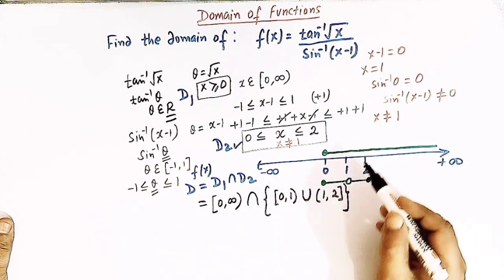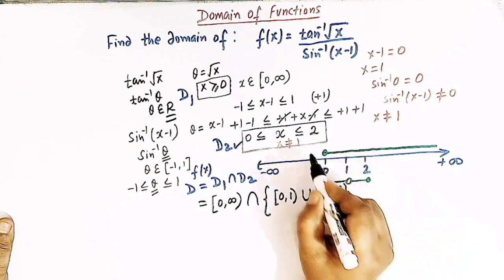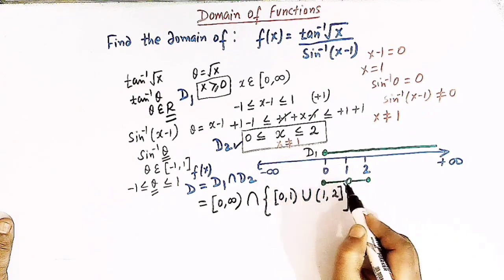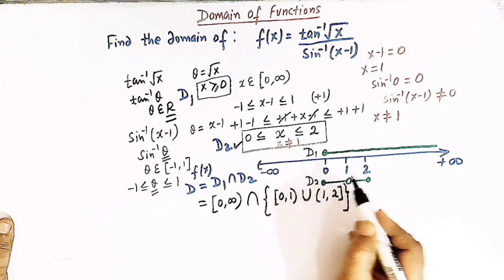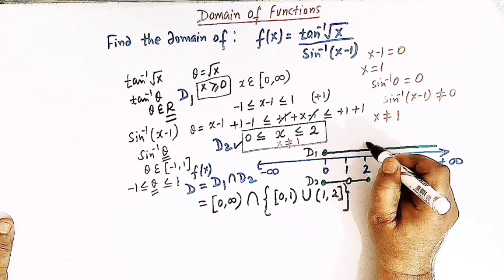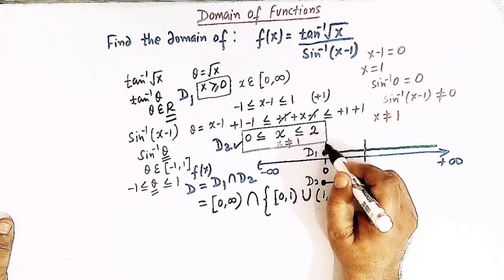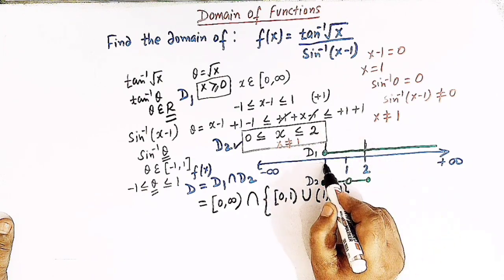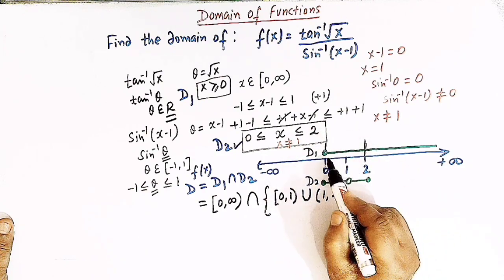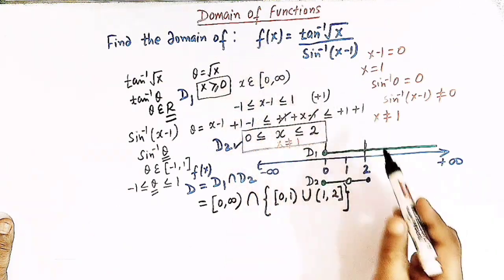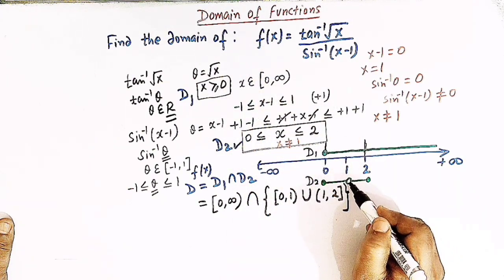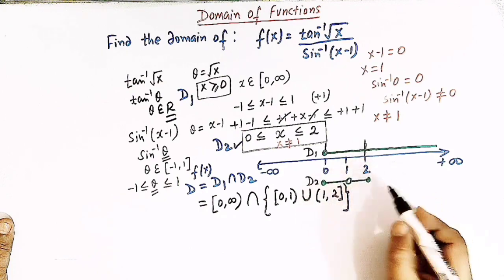So now the common region between these two domains, this is D1 and this is D2. Here the common domain is this region, right? From here to here. So from 0 to 2, we have the domain of f of x, excluding x equal to 1, right?